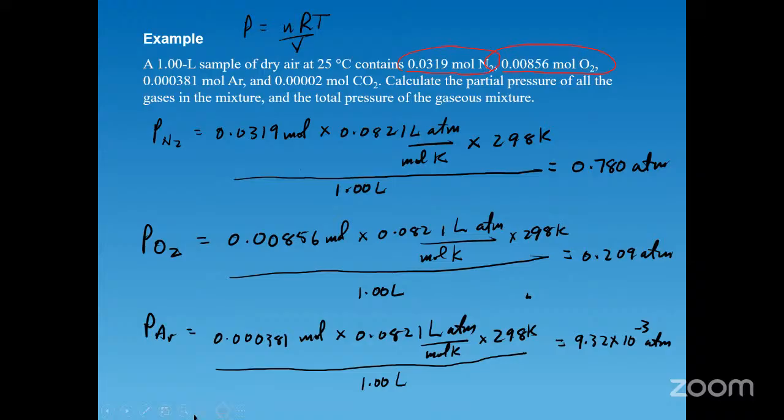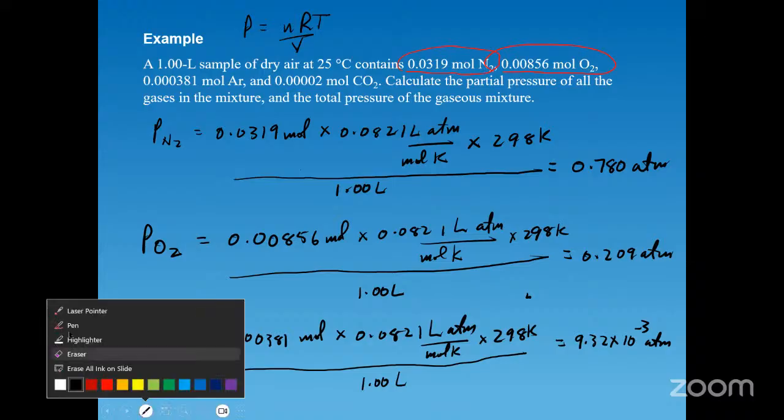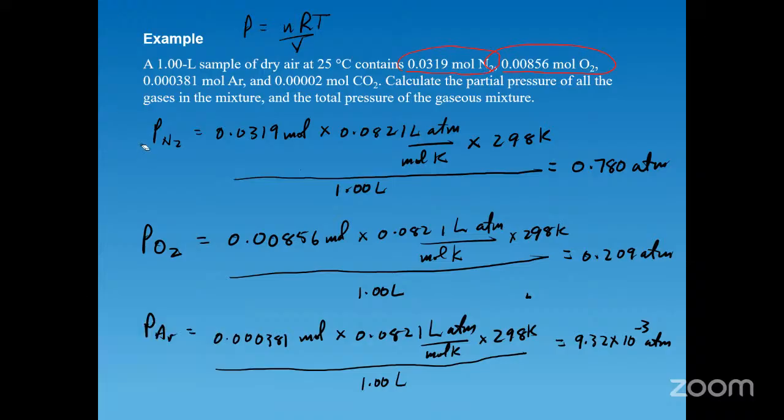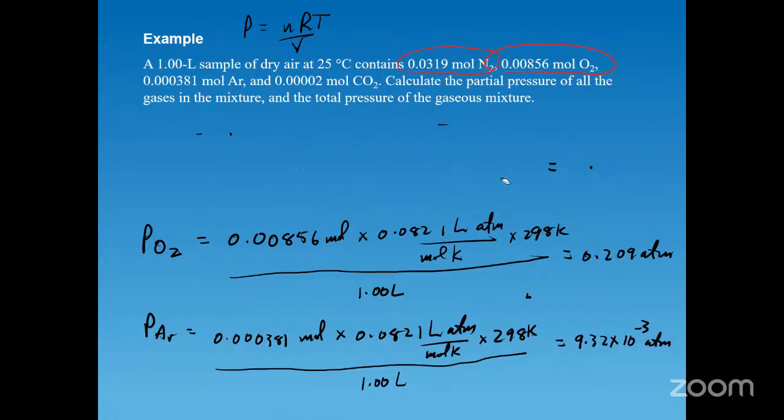So what I'm going to do is erase the top one, I'm going to erase it here to do the last one, which is the carbon dioxide. Okay, so for the carbon dioxide, same calculation, different number of moles.